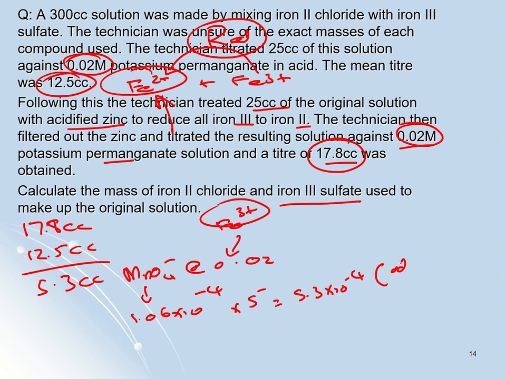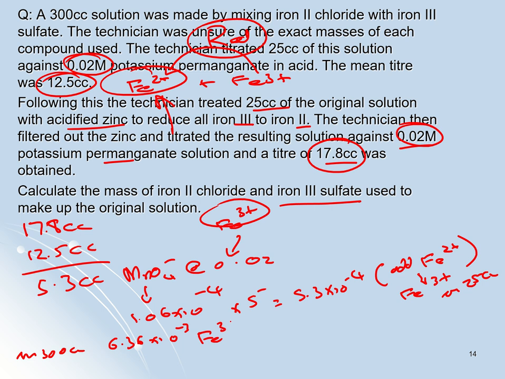That is the additional number of iron 2 ions after the reduction, which is equal to the number of iron 3 ions in the original 25 cc's. So if I take that and multiply it by 12, that tells me that in the 300 cubic centimetres I had 6.36 times 10 to the minus 3 moles of iron 3.